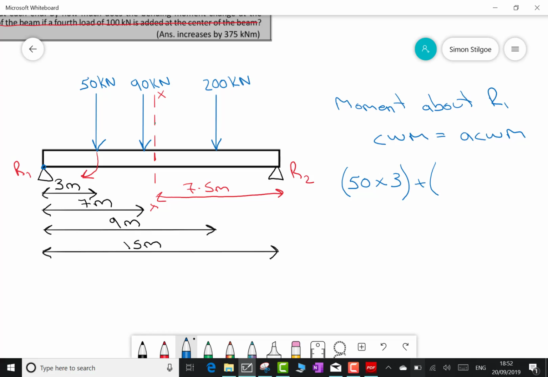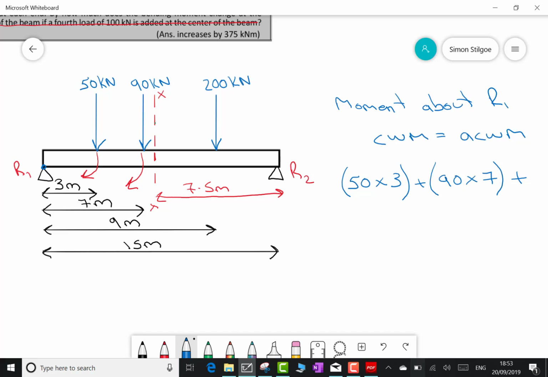We can now go ahead and add our next moment. Moving to the right of the 50 kilonewton, the next force that we get to is 90 kilonewtons. That one is also acting clockwise to R1, so we can pick that one up. That's now going to be 90 multiplied by the distance from the 90 kilonewton back to R1, which once again is noted on our diagram here of 7 meters. We can now go ahead and get our next clockwise moment.